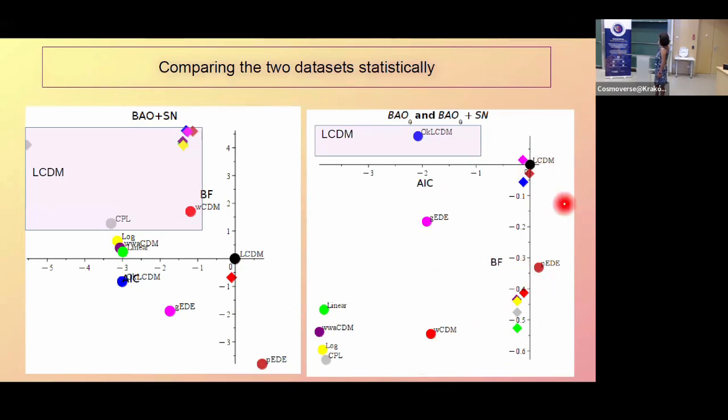And here you can see a much bigger spread over the quadrants. So basically, this is the lambda CDM preference quadrant. And here, it's basically nothing. And when you add the supernovae, you get somewhere here where it's inconclusively positive about lambda CDM. But in the rest of the cases, in the Akaike criteria, you are definitely preferring lambda CDM, while with respect to the Bayesian factor, you are not preferring it.